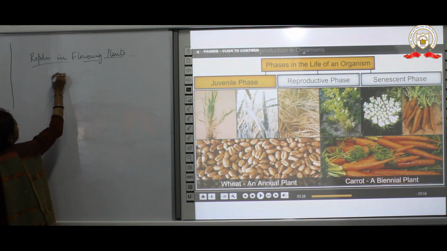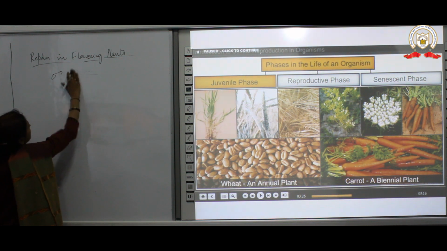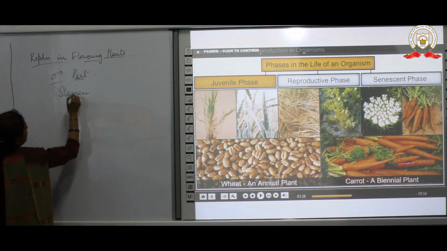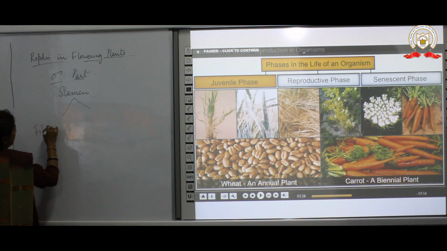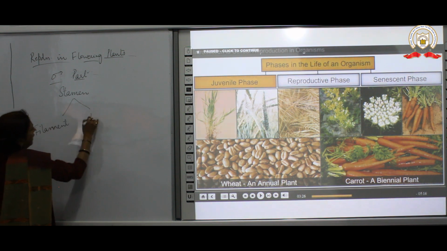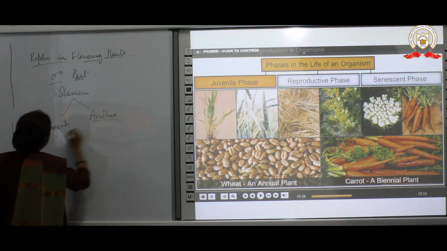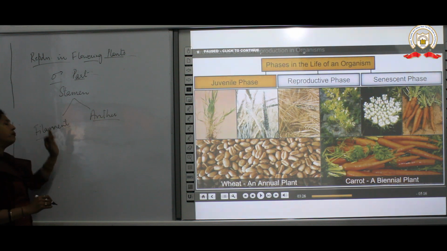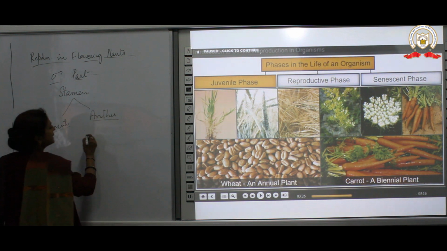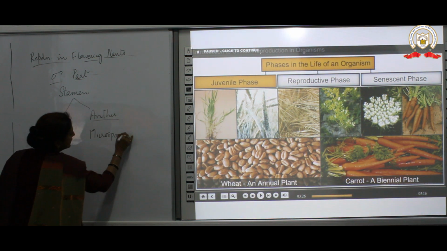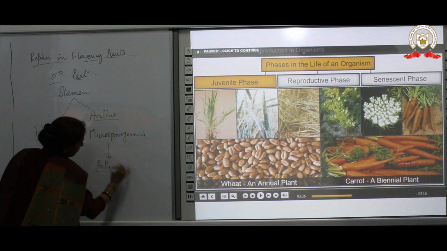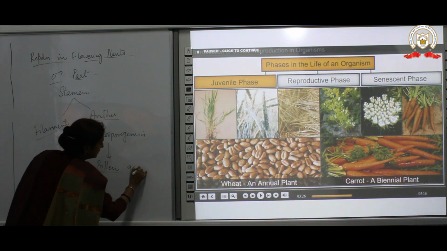The main part is the stamen, which has 2 parts, filament and anther. Filament attaches the stamen, the male part, to the flower. But anther is the structure where microsporogenesis takes place, which leads to the formation of the male gametes or pollen grains.